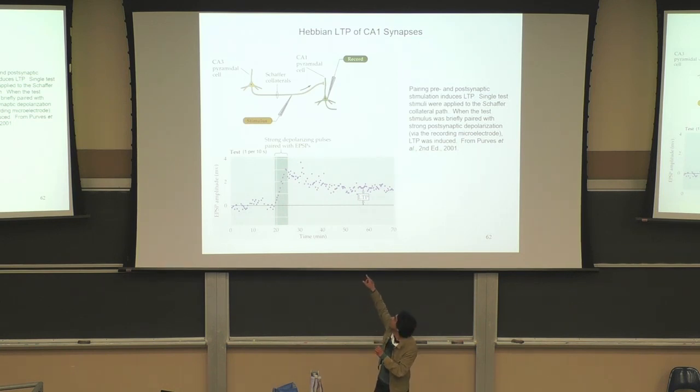This refers to a specific protocol in a real slice in a real hippocampus that was done under specific parameters. They used that theoretical framework from Donald Hebb to infer what could be a stimulation protocol that would produce plasticity under those circumstances that we saw in the diagram before.